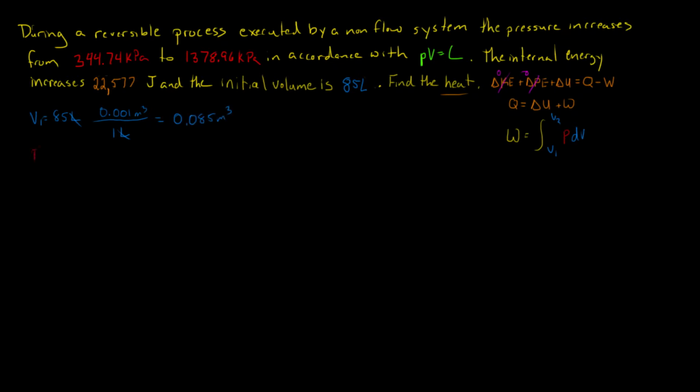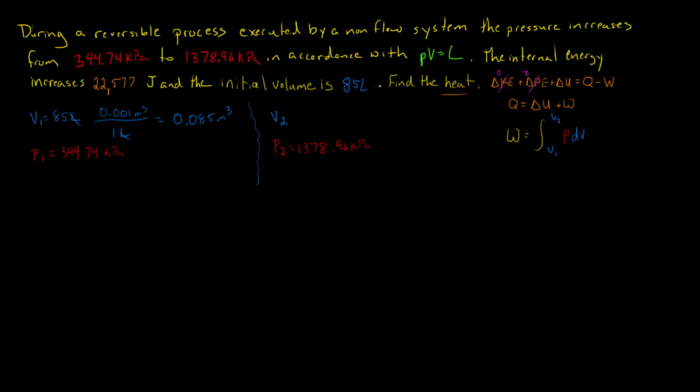We know our P1, our initial pressure, is equal to 344.74 kilopascals. Now, we're not sure what V2 is, but we do know that P2 is equal to 1,378.96 kilopascals.